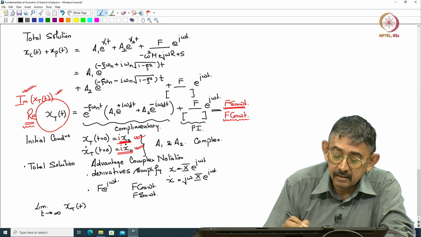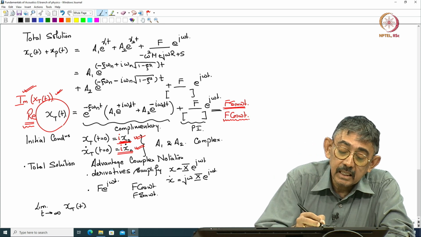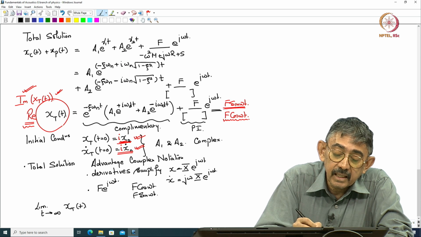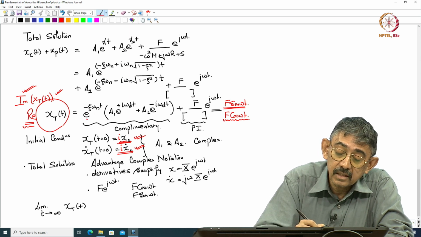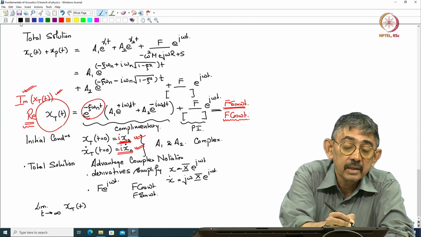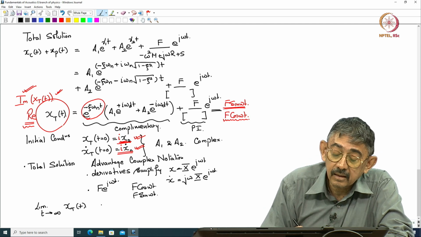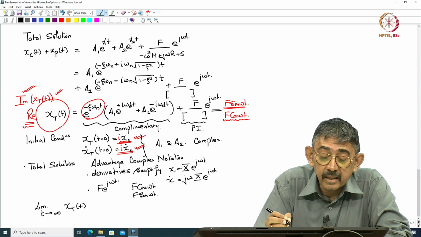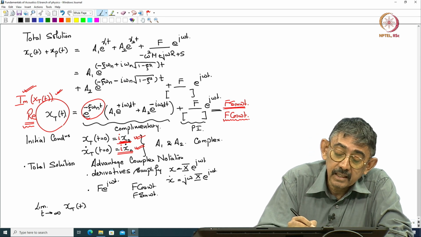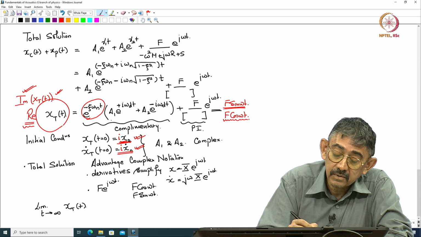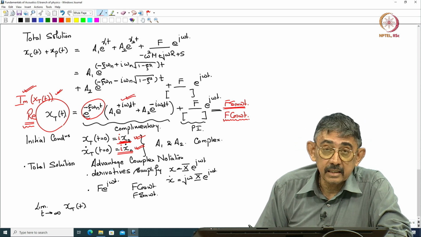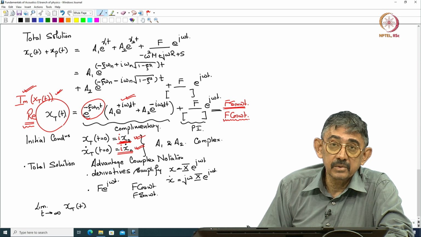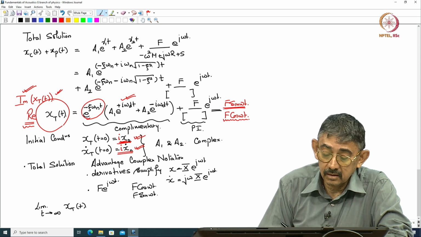In x tilde of t, there is this e to the power minus xi omega n t, which starts to go to 0, so that this entire term starts to go to 0. So the transient term or the complementary term starts to go to 0.